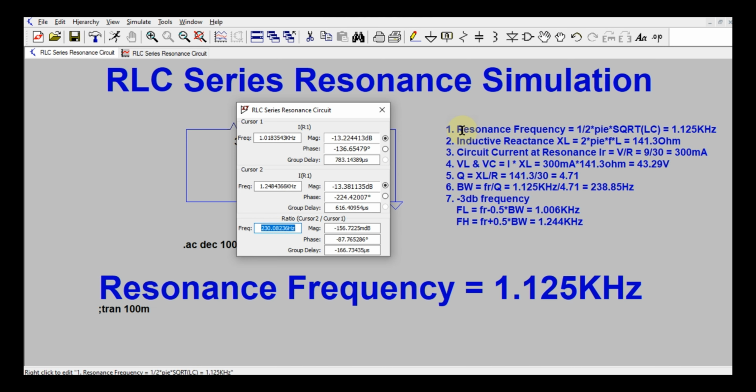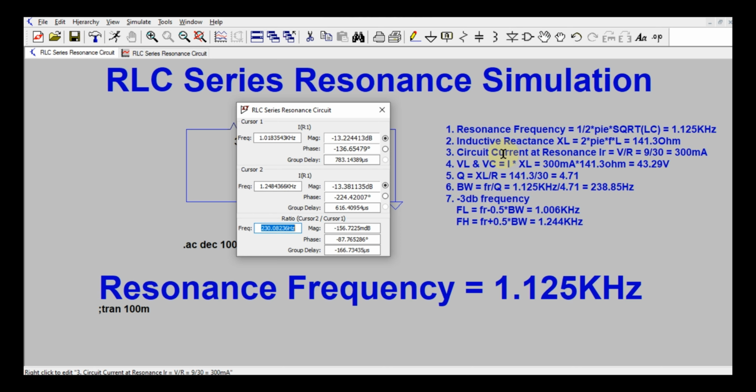So until now you have seen three parameters: your resonance frequency, your minus 3 dB frequency, and your bandwidth, right. So let us try to find the current at resonance, the voltage across the inductor, and the voltage across the capacitor now.